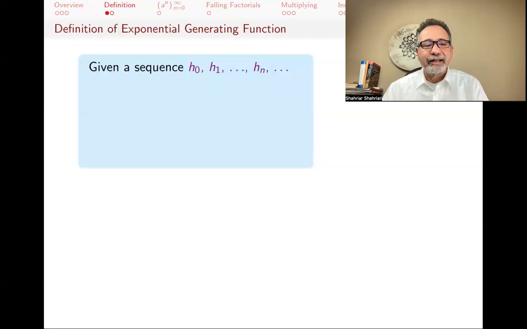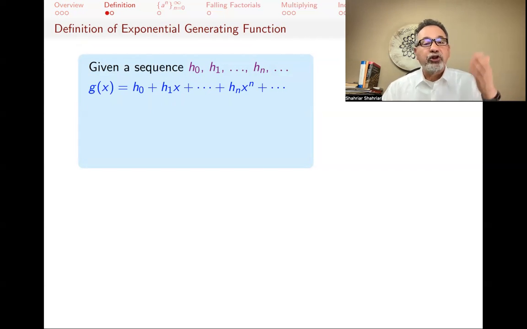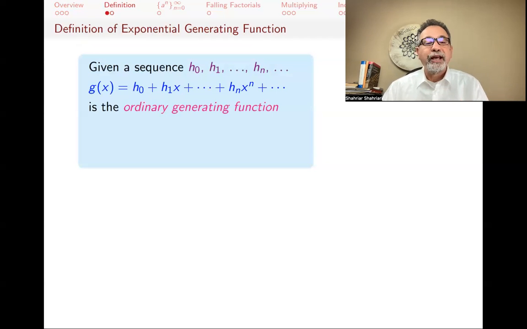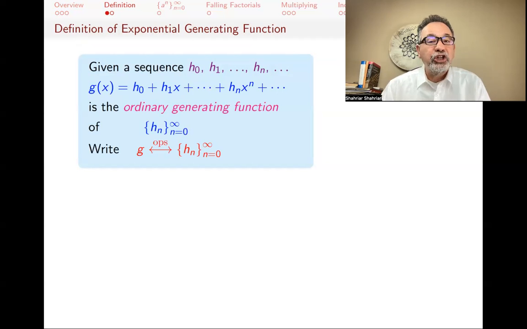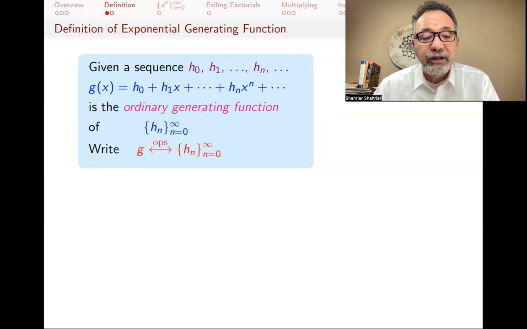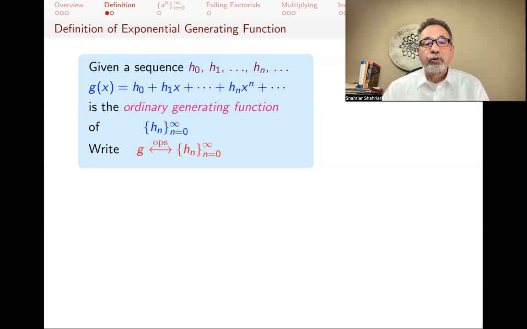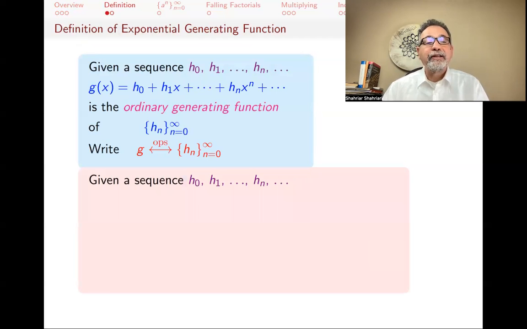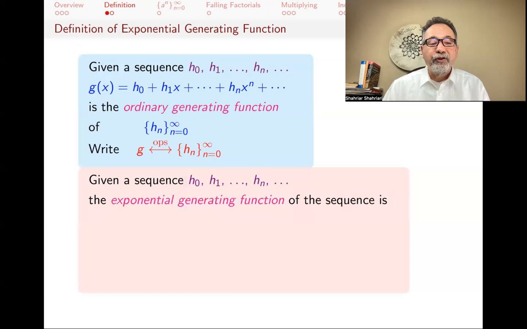So I'm going to tell you what that is. Given a sequence h0 to hn, the ordinary power series for it was where we just used these as coefficients of x: the constant term, the coefficient of x squared, and so forth. This was the ordinary generating function, and we wrote G as the closed form of this thing, the ordinary power series for hn. That's how we had defined those before. But given the same kind of sequence, we can define a different kind of generating function called the exponential generating function of that.